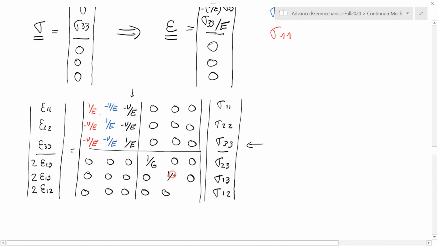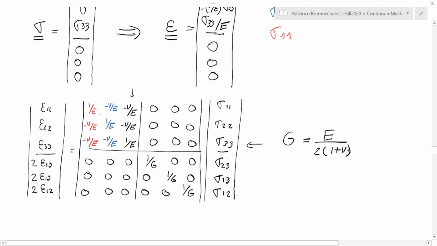By definition, this is a G, where the shear modulus is equal to, and again, I'm going to show that in a different video, a function of the Young modulus and the Poisson ratio.